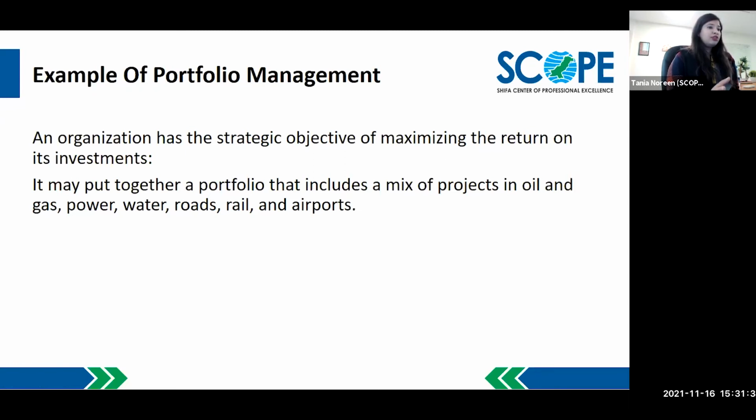So these are all the projects which an organization will be looking after, because their major goal is to maximize their business. I hope, Mashal, that is clear and answers your question.